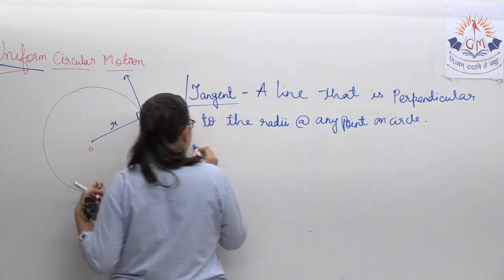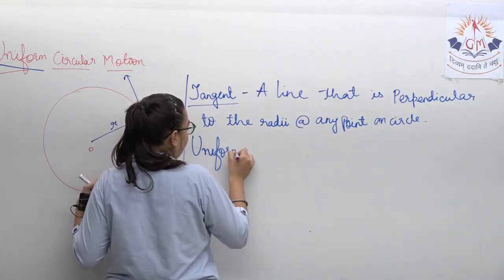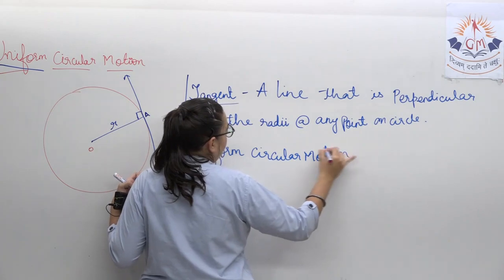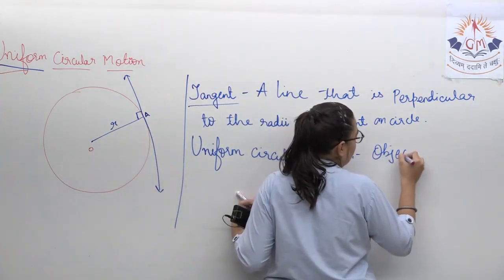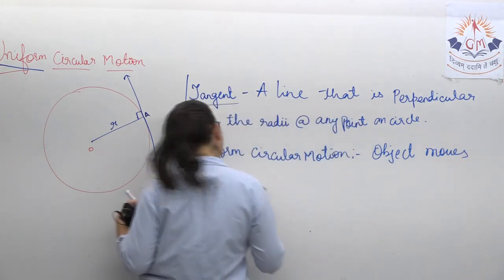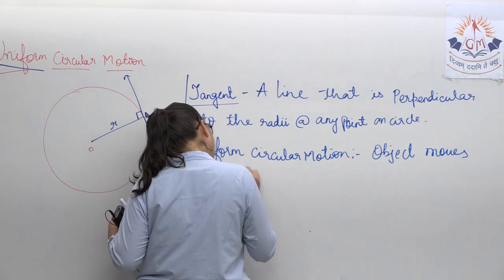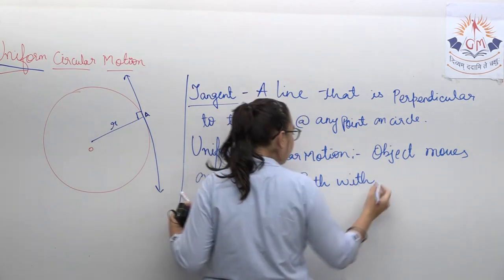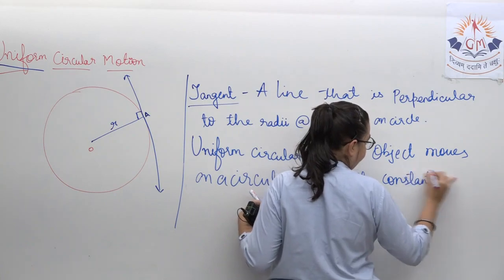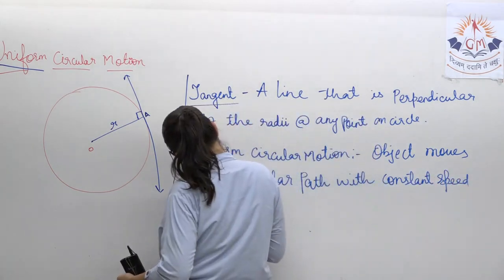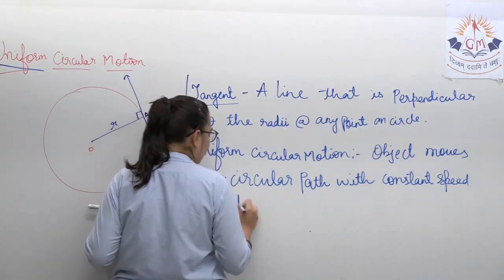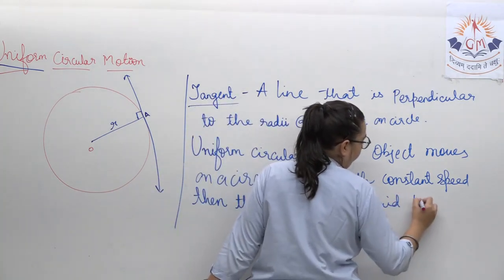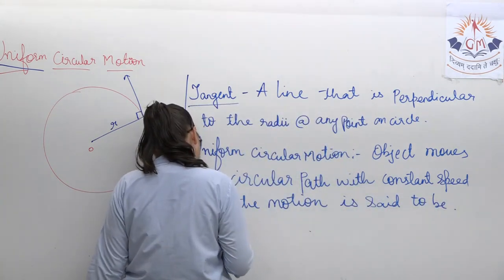Uniform circular motion: object moves on a circular path with constant speed, then the motion is said to be uniform circular motion.